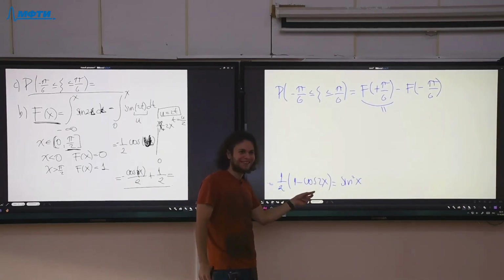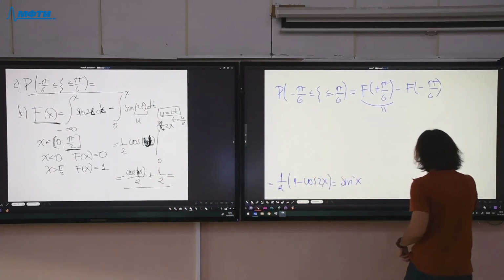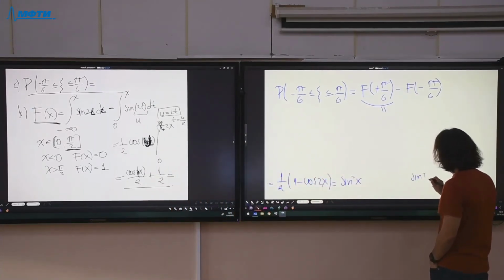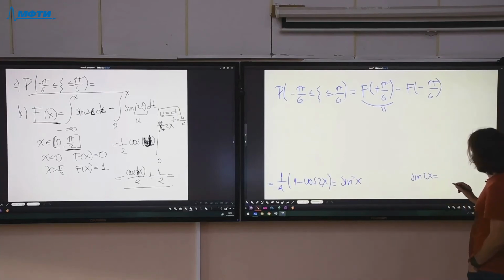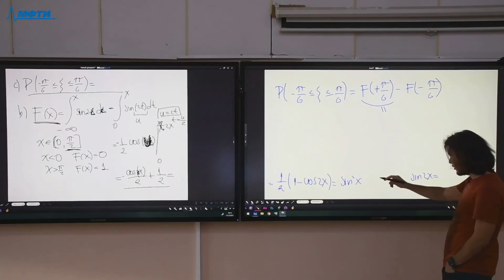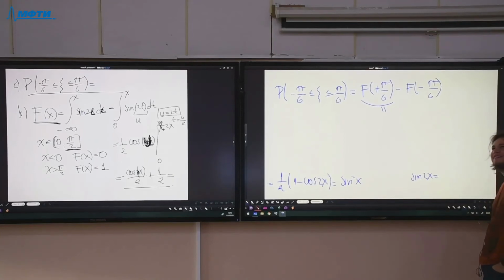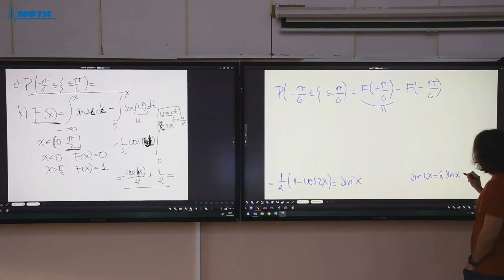Trigonometry. You remember? So what is the sine of 2x, for example? Yeah, this is true, for sure. Sine of 2x is, I forgot also. Right?